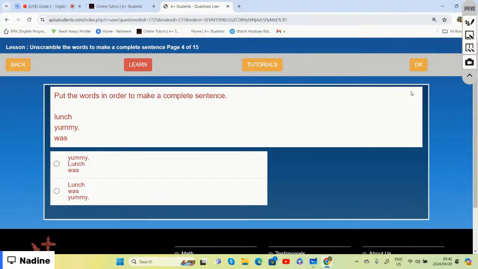So we need to put the words in order to make a complete sentence. It says lunch yummy was. So lunch yummy was. If we were to put that in its complete order, is it a yummy lunch was or lunch was yummy? Which one is correct? Option one, yummy lunch was, or option two, which is lunch was yummy.